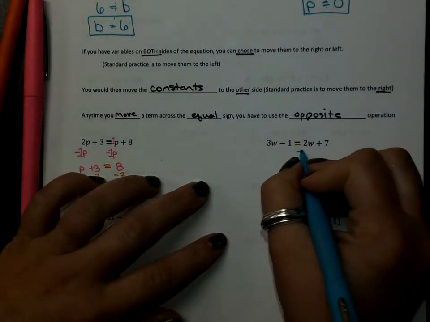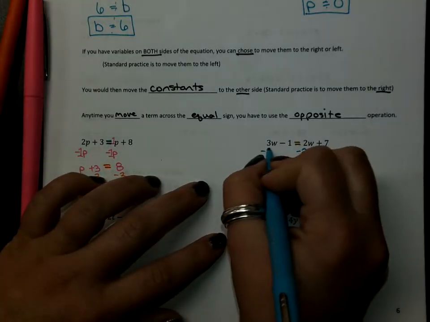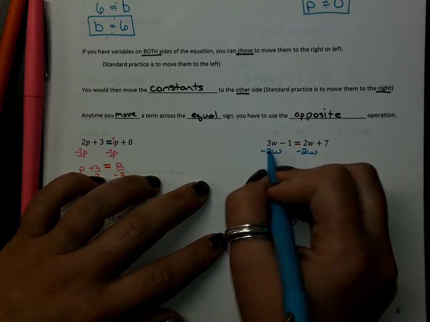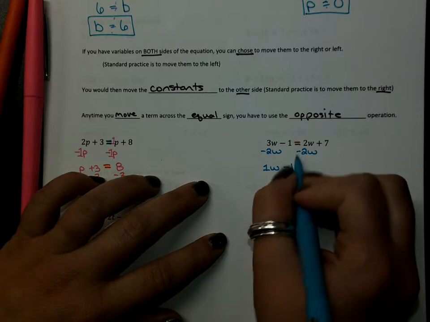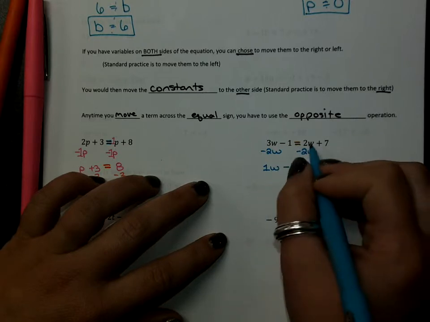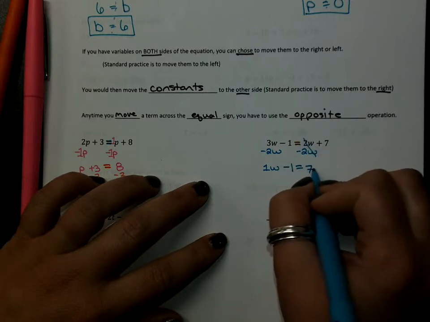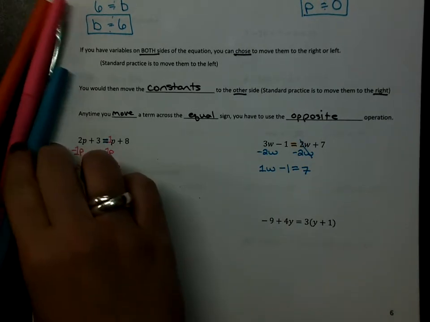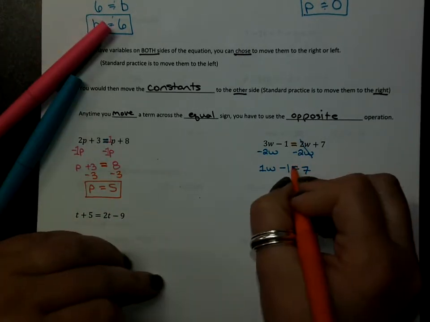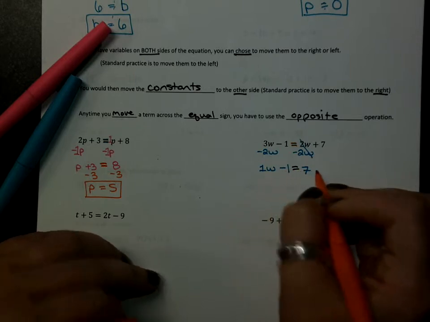If that doesn't make sense, I'll explain again when we get to class. So 3w minus 2w is 1w minus 1 equals, these are gone, and then just 7. So w minus 1 equals 7.